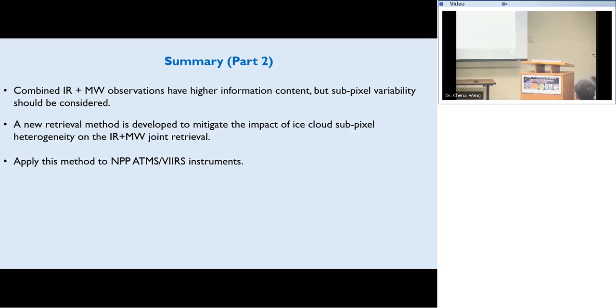At this time, we just applied this method to collocated ATMS and MODIS instruments, but in the future we will change our infrared model to WIRS also. Once I have done that, we can apply this method to MPP, ATMS, and WIRS instruments. Yes, I think I'll finish here. So I'm glad to take any questions.